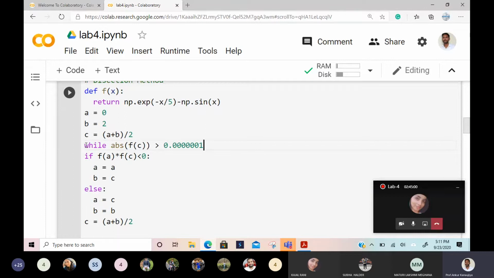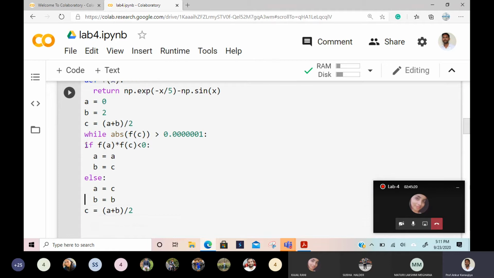When it is greater than 10 to the power minus 7, this will run. If it is not, it will stop. That means it will not divide by 2 again, the interval will not change, and the midpoint will not be computed again. So everything will stop.